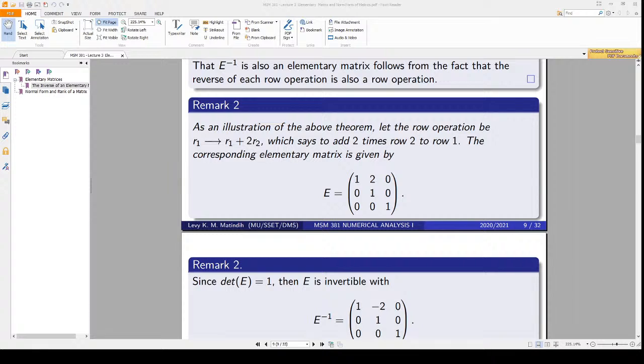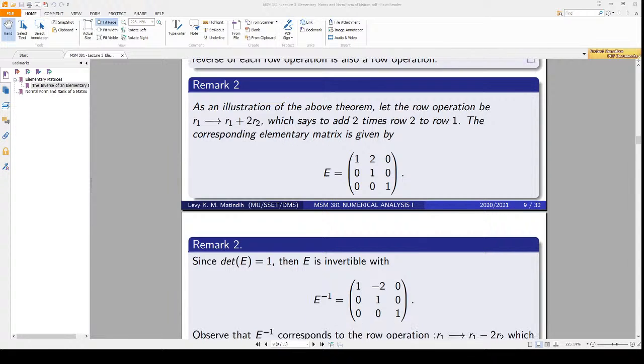Now, the determinant of this elementary matrix is 1, as you can see, so E is invertible. If you look at it from the determinant point of view, it is invertible.